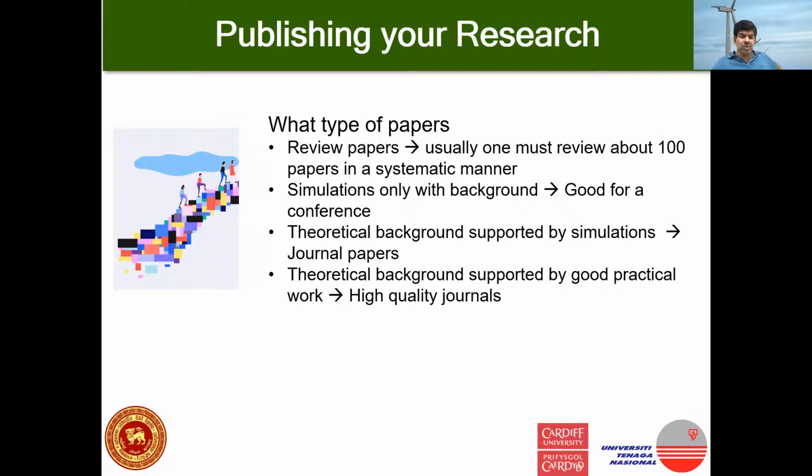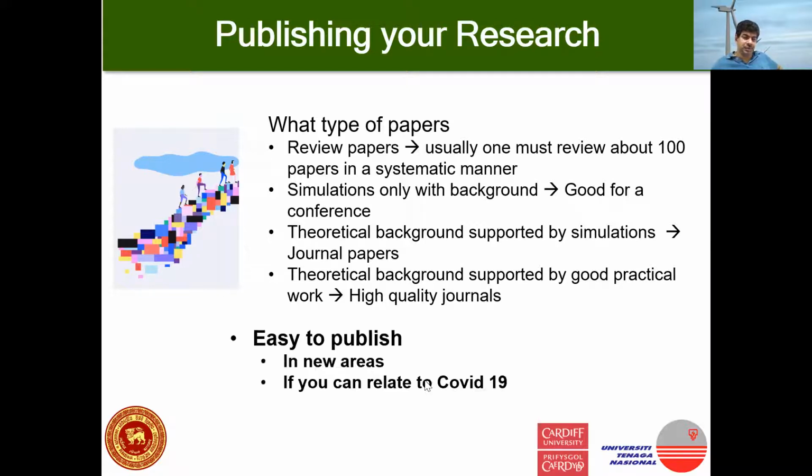Then if you have a bit of simulation, you can go for a good conference paper. But if you can support that simulation by theoretical background, you can obviously go for a journal paper. But if you also can add some practical work, you can hit high quality journals.